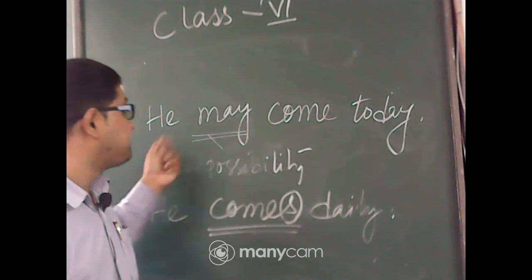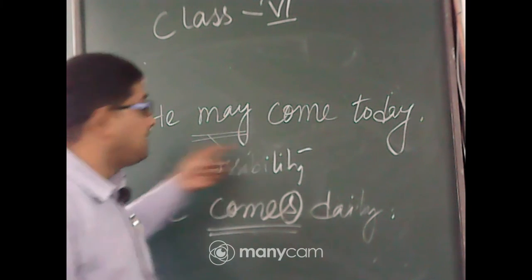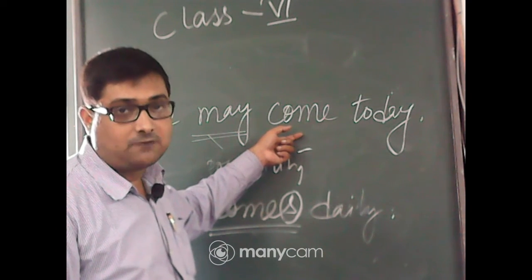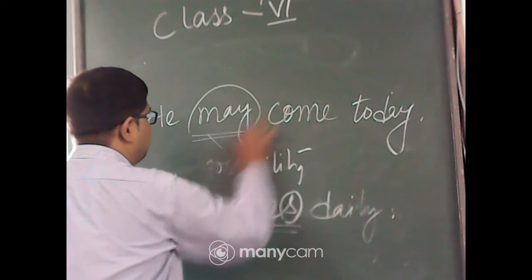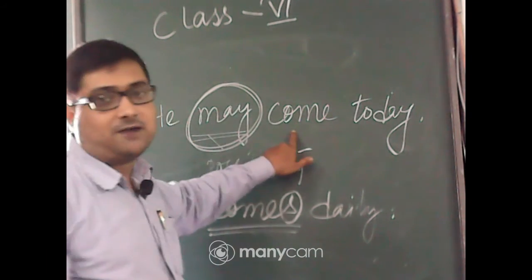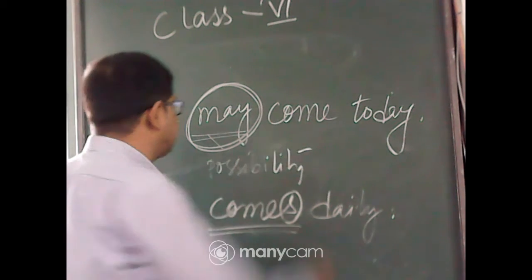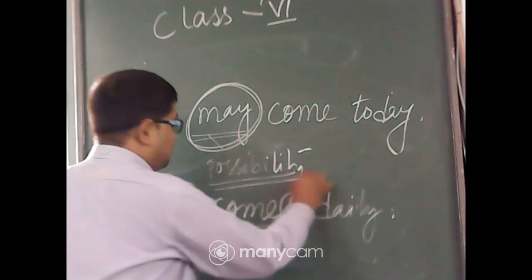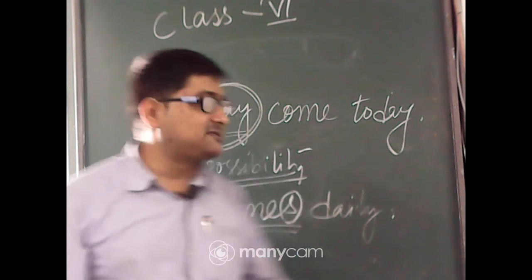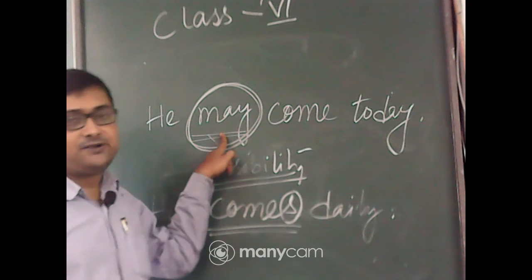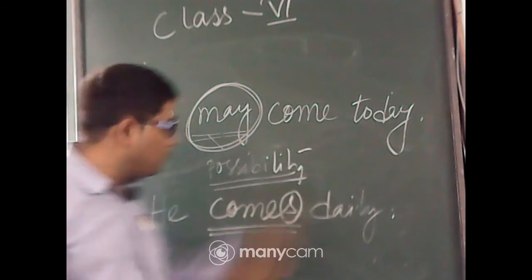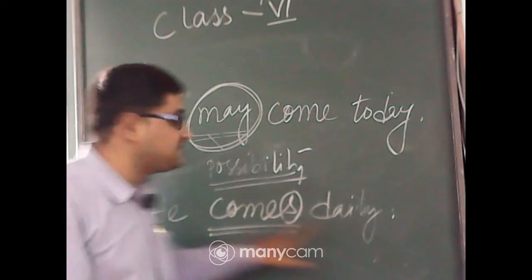The verb comes after the "he" also. But here no s or es I have added with that verb. Why? Because of this modal verb. This modal verb has helped the main verb or ordinary verb to express the possibility that I am not sure whether my friend, whether he would come or not. To express that possibility, I have written "he may come," and here we must not write "he may comes," though we know in a sentence that he comes daily.